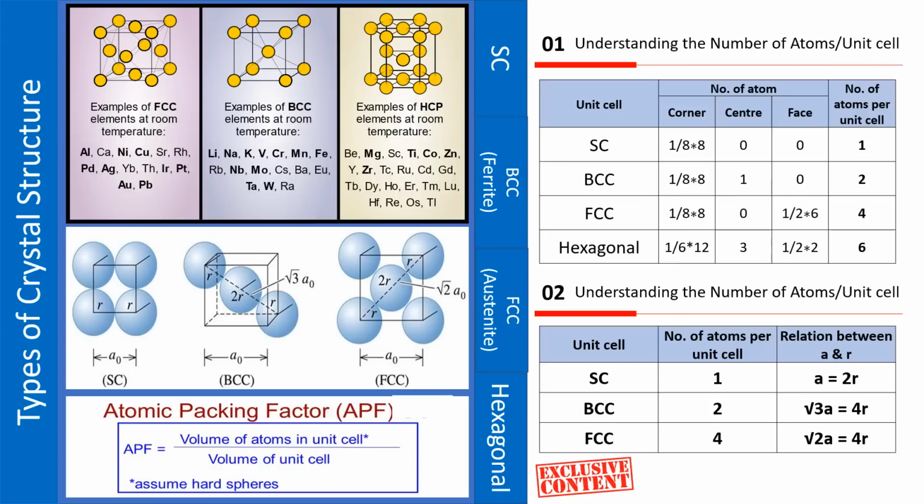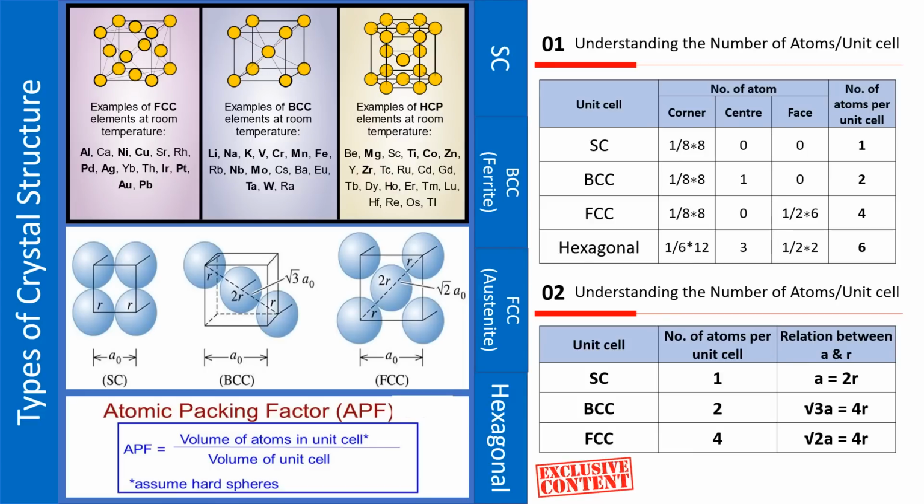Similarly, if you talk about the BCC structure, we can implement the same Pythagoras theorem twice. First we can utilize this dimension 90 degree and we can calculate the hypotenuse. Then we can use this hypotenuse and this hypotenuse and we can calculate the center.